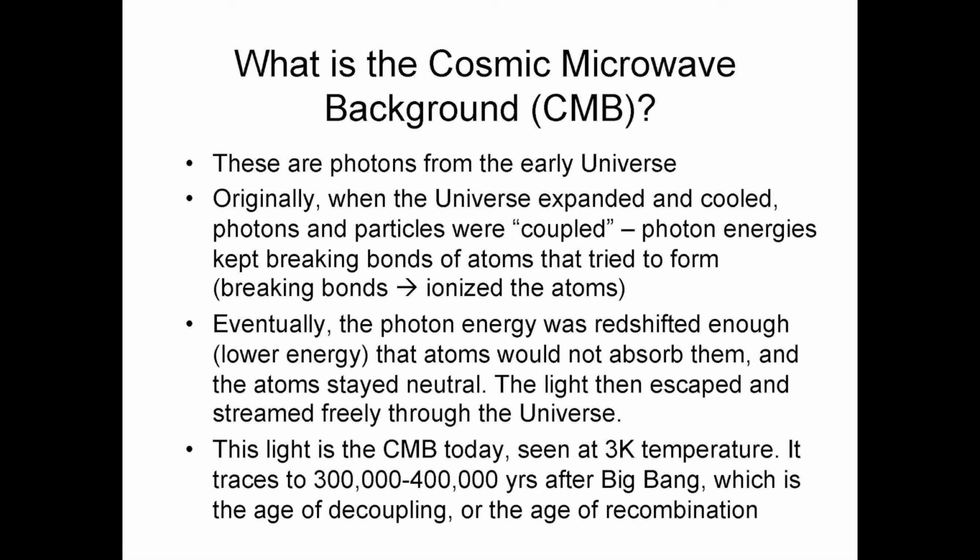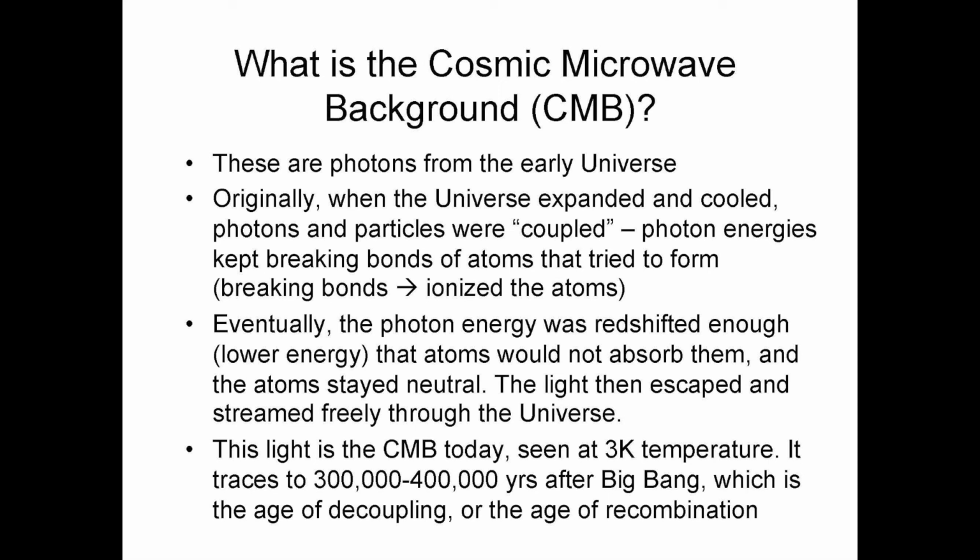So in that way, photons and particles were coupled because the photons kept being absorbed by the atoms that would then break apart. Eventually, as the universe expanded and cooled, the photon energy was redshifted enough that it was too low in energy, and the atoms therefore couldn't absorb them because they weren't energetic enough to break the bonds.